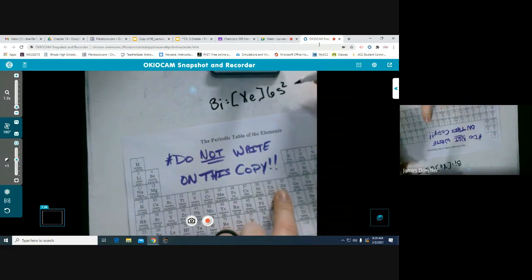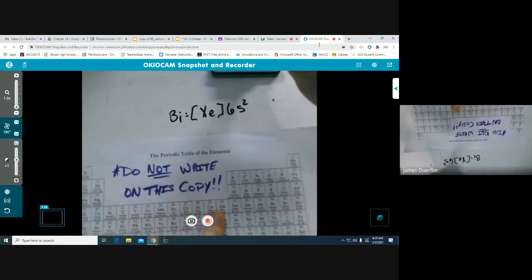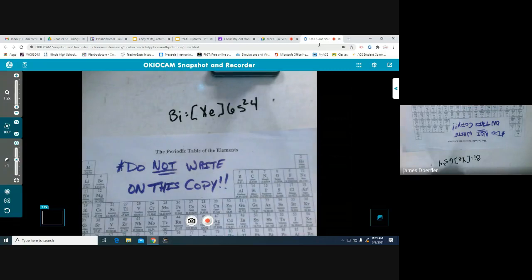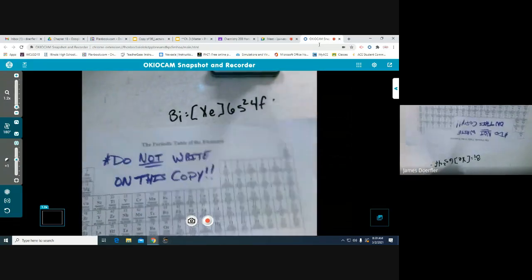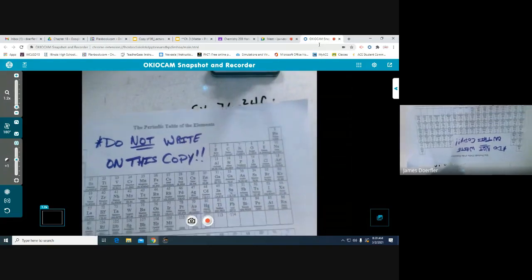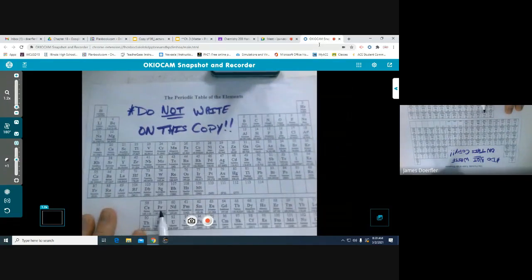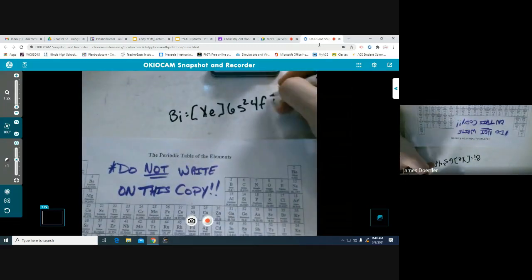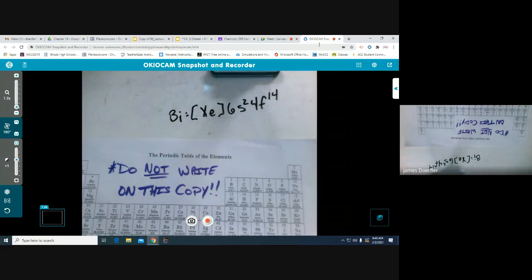If I'm in the 6th energy level, what's my next number going to be? 4. 4f, and just count. I've already told you to write down how many f can hold, but let's count anyway. 1, 2, 3, 4, 5, 6, 7, 8, 9, 10, 11, 12, 13, 14. Have we got to our destination yet? No, so 4f14.